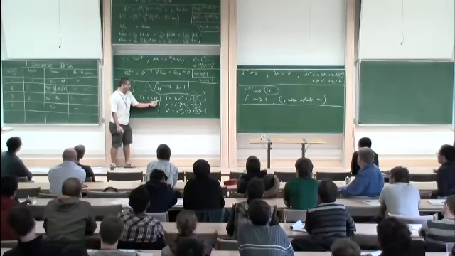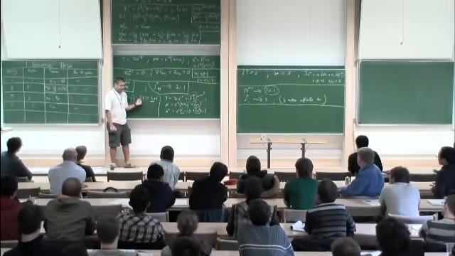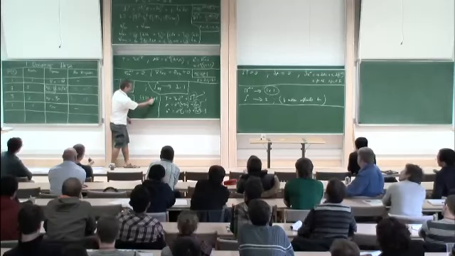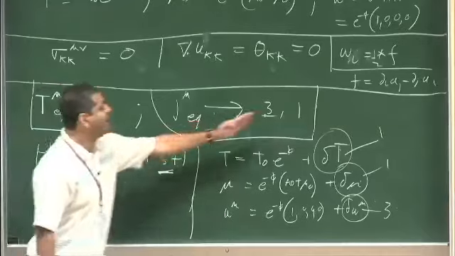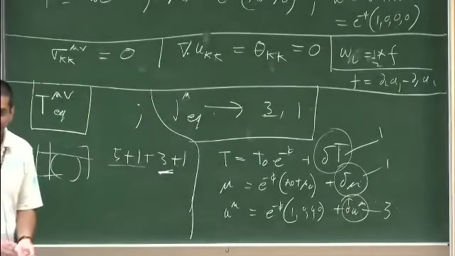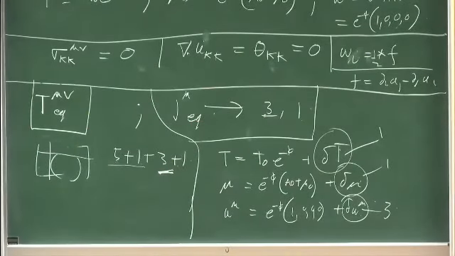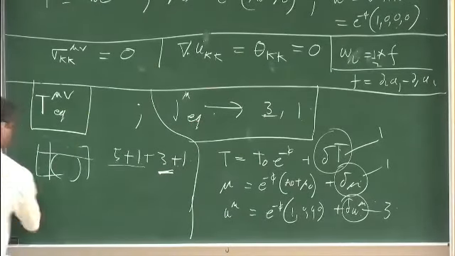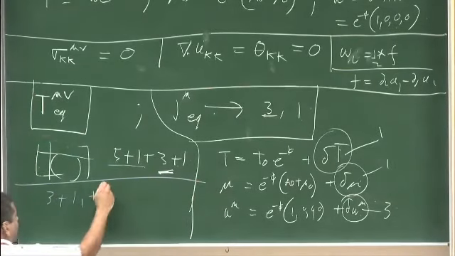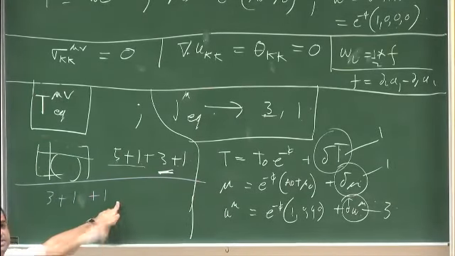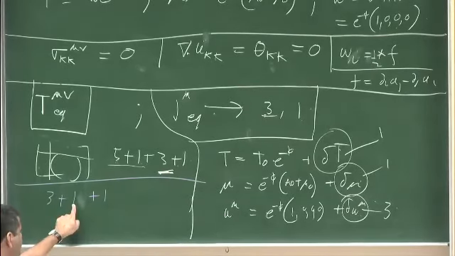we've seen that the degrees of freedom here in the stress tensor are a 5, a 1, a 3, a 1, a 3, and a 1. Okay, so this is the net number of equations we'll have. How many variables will we have? Well, the number of variables we will have is a 3 plus 1 plus 1 in corrections to the equilibrium solution. The temperature, the chemical potential, and the velocity.